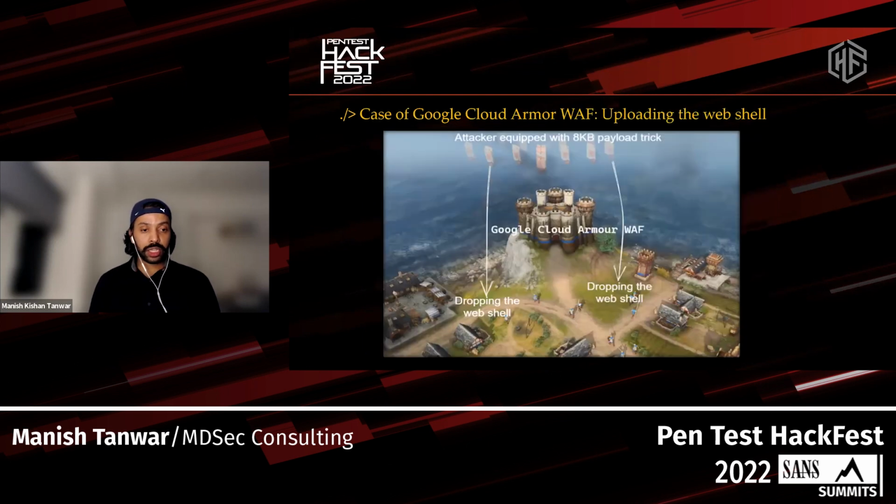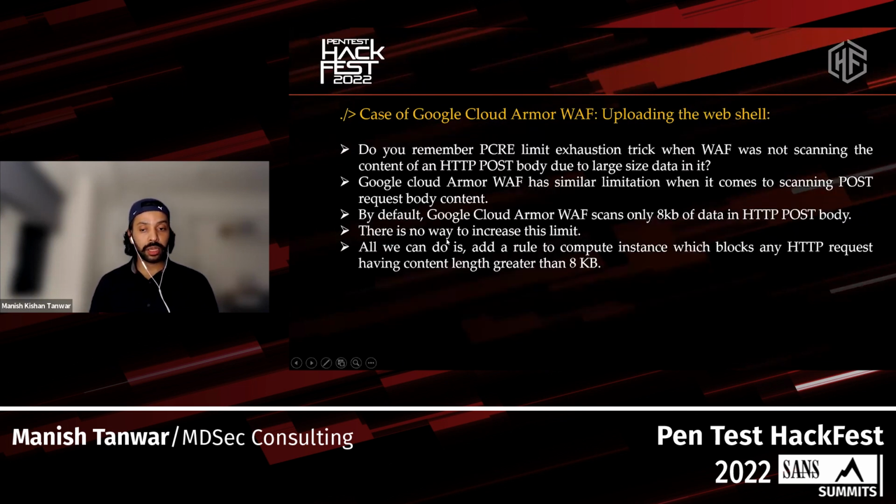So let's talk about the case of Google Cloud Armor WAF. In this one, uploading a web shell or bypassing Google Cloud Armor is so easy because of something weird in it. Google Cloud Armor is a cloud-based firewall, and when I was doing an assessment, I noticed something.